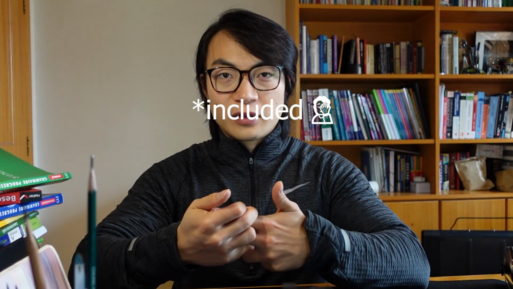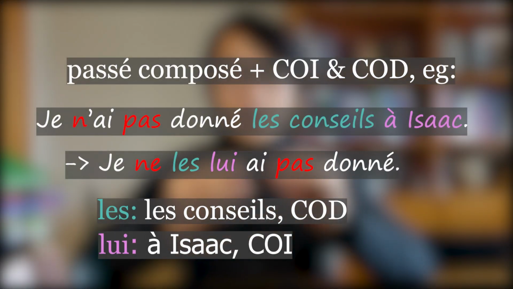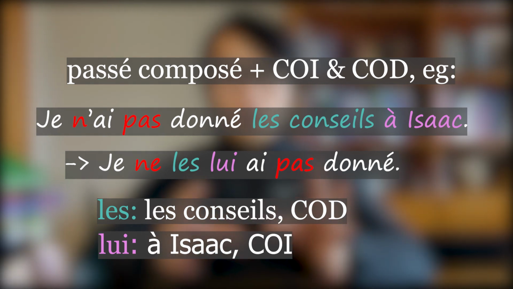Also, we included the pronoun as the direct or indirect object to make the word order much more dynamic and complex. In the second video, we talked about more forms of ne pas, such as ne plus, ne jamais, ne rien, and at the beginning of this video, I want to introduce you to something I forgot to mention last time.